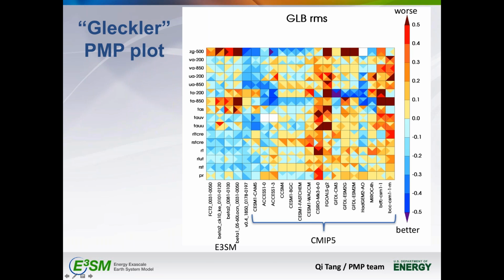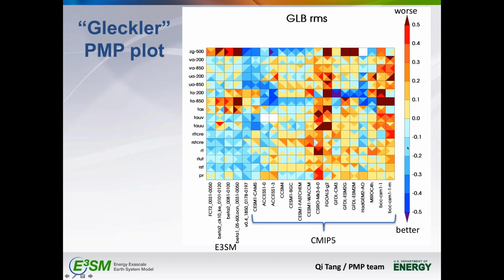Here is a subset of CMIP5 models. I don't know exactly how they were selected. It's not the entire set. Each box shows a specific variable, the bottom one is precipitation, and a specific model. In each box, you have 4 triangles, which represent seasons, DJF, and so on.